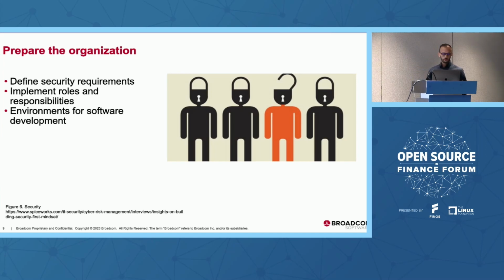And you need to prepare the environments for this process. This environment needs to be separated and well protected, as you would protect any production environment. So it means each environment needs to have multi-factor authentication, needs to be in a separated network, and protected.